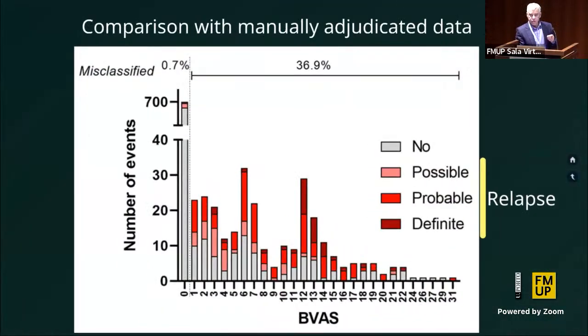And just a little bit of data from this. In this national data set, we manually adjudicated, went into the primary records of all the patients, and asked, was that a relapse or was it not? Then we compared this to the BVAS score entered in the registry. To the left of this line on the x-axis is the score that was entered in the registry, the BVAS score.